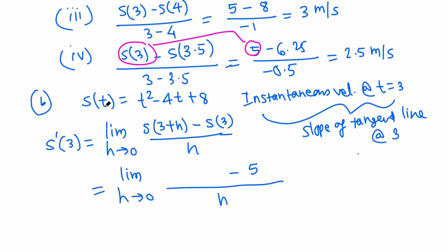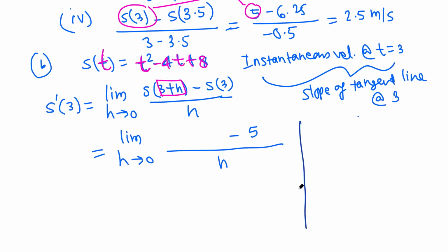The s of input is input squared minus 4 times input plus 8. Our input happens to be 3 plus h here, so we need to replace t by 3 plus h. Let me do it on the side.